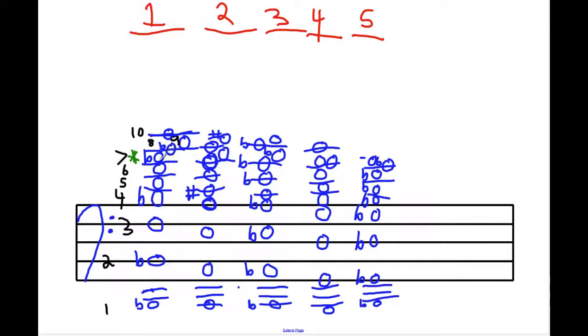You can do it either way. You could write it this way with the ninth partial all the way out here and then back like that, or the way I'm doing it now. So G flat, B flat, D flat, F flat, G flat, A flat, and then third, high B flat.